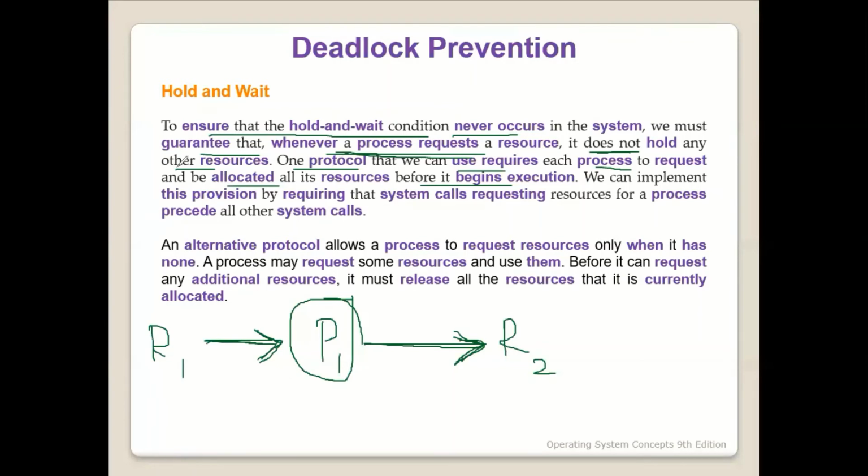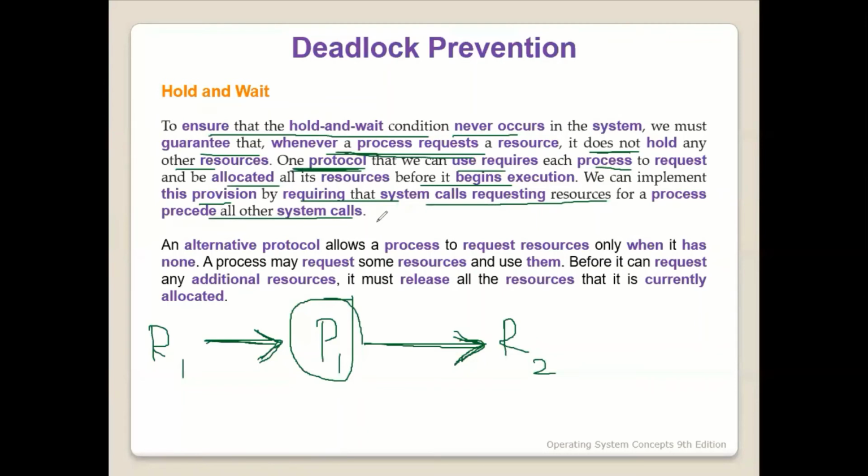So how to make sure this hold and wait is not going to happen? Just have a protocol, a procedure. When a process is going to start its execution, it should be given all the resources. Then only it can start its execution. We can implement this protocol by requiring that system calls requesting the resources for the process precede all other system calls.